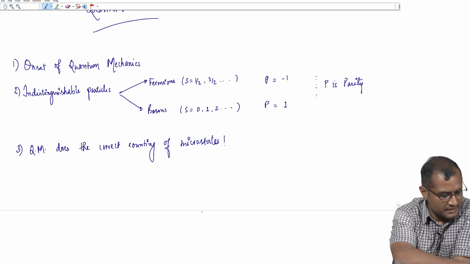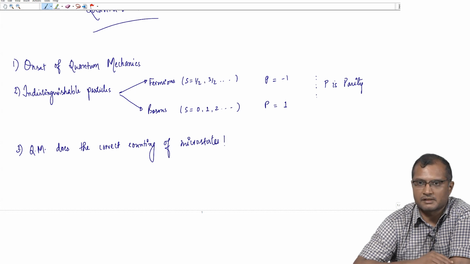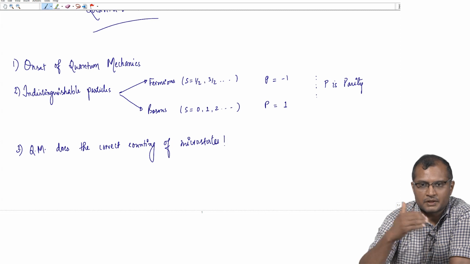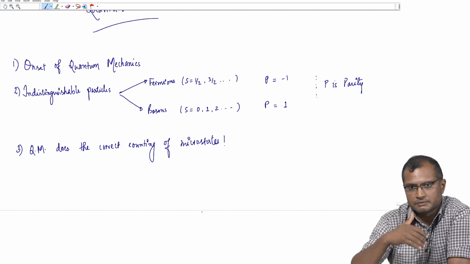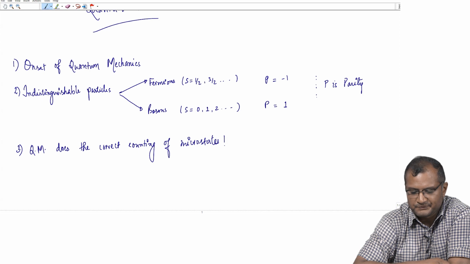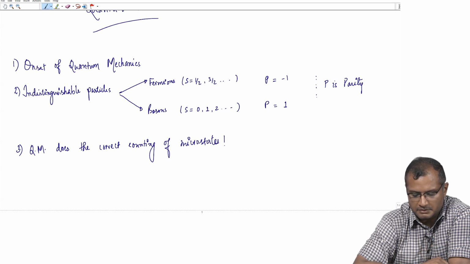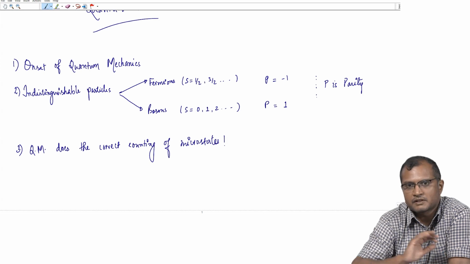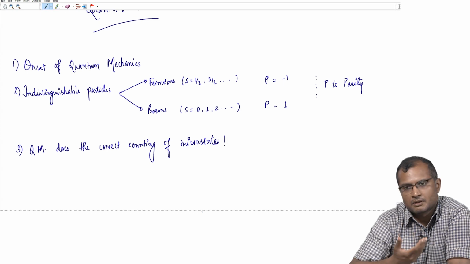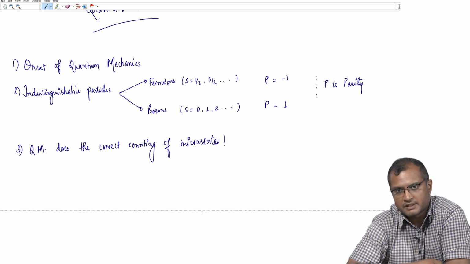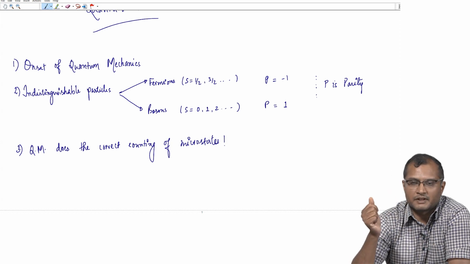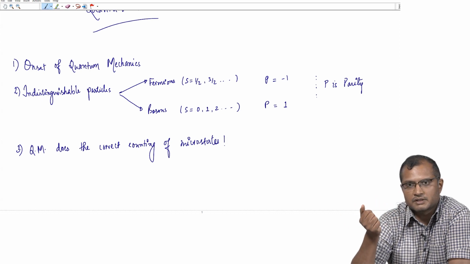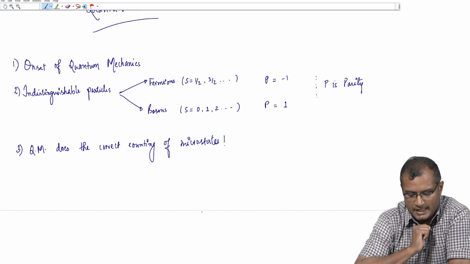Basically what is meant here is that when you have an N particle system, you do not start your calculation by doing any deterministic calculation. What you do is write down an N particle wave function, and the properties of this N particle wave function, by property I mean whether the wave function is symmetric under permutation of N particles or not, decides whether it is a bosonic wave function or a fermionic wave function.